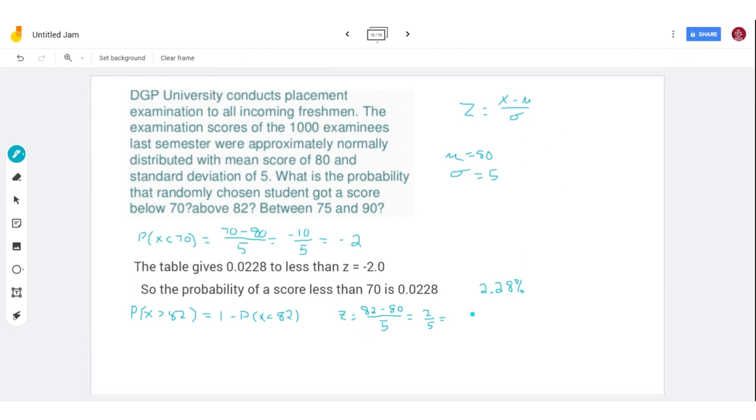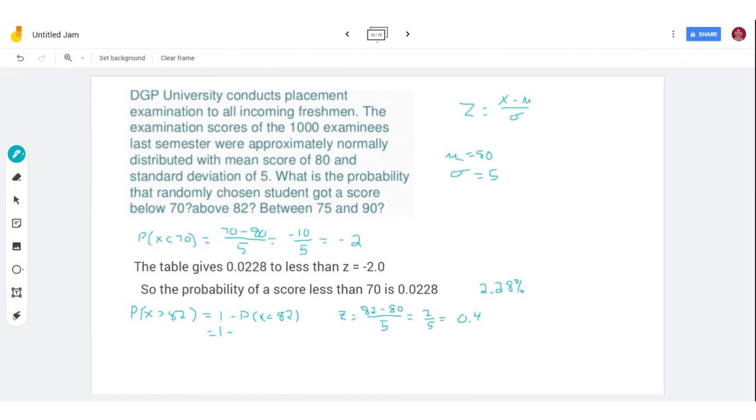So that's 0.4. All right, so I'm going to look that up and I'll bring it back. So this is equal to 1 minus, I gotta look that up. That's a z-score, that's not an area.